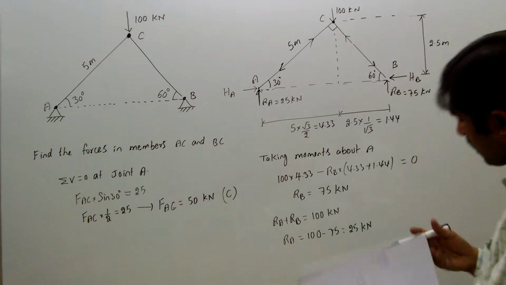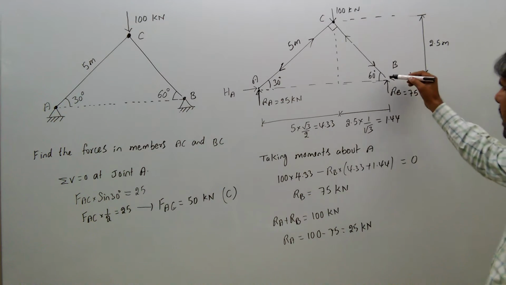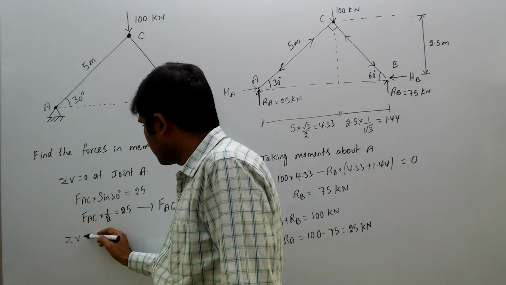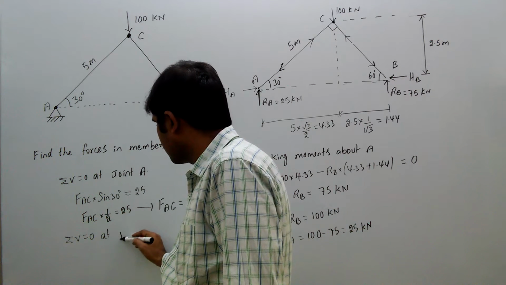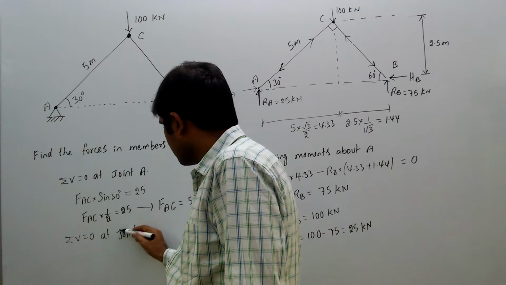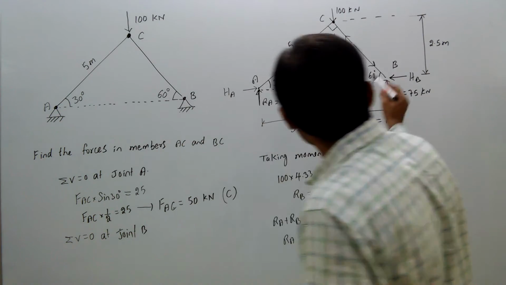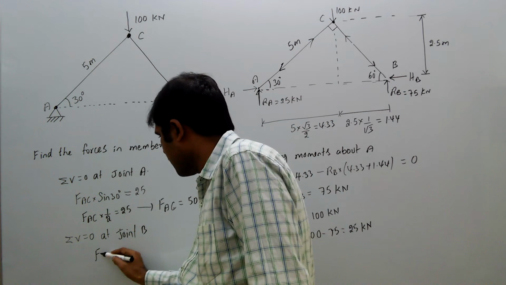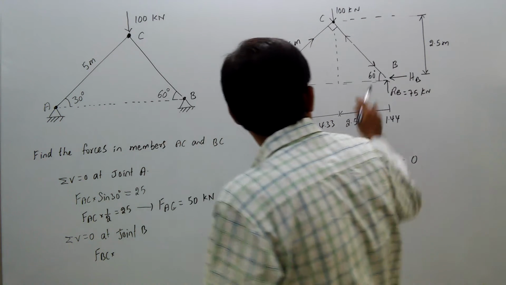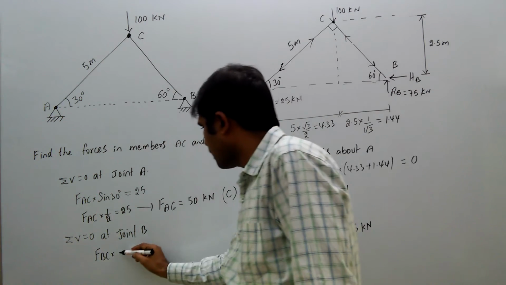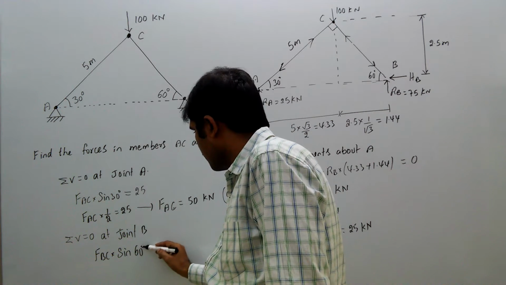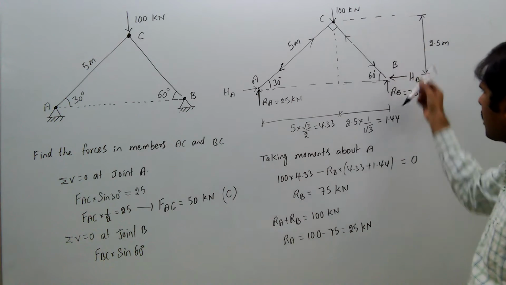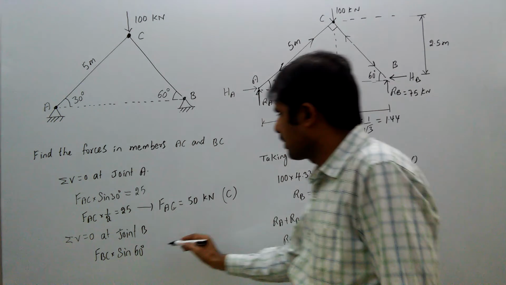And similarly, analyzing at joint B, sigma V equal to 0 at joint B. So the vertical component of the force in BC is force in BC into sin 60. The vertical component will be downward and that must be balanced by 75.